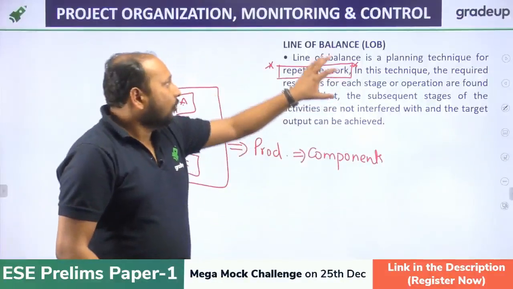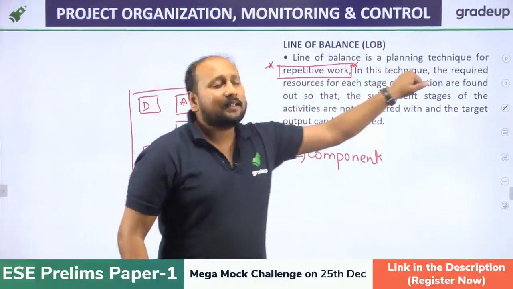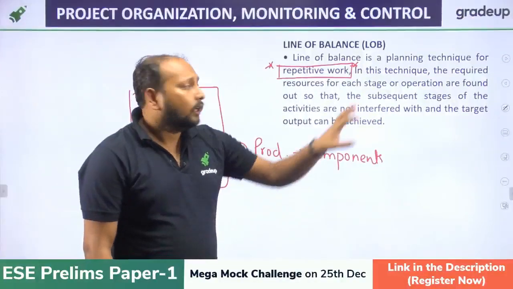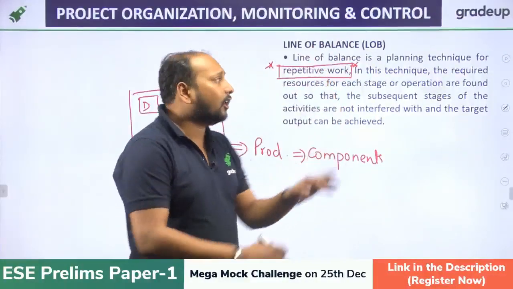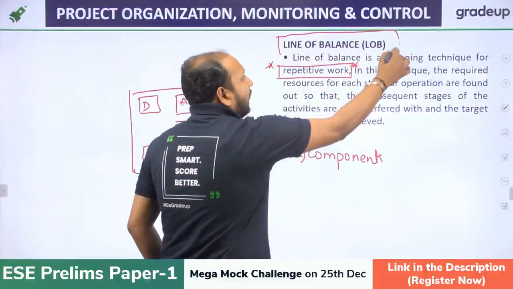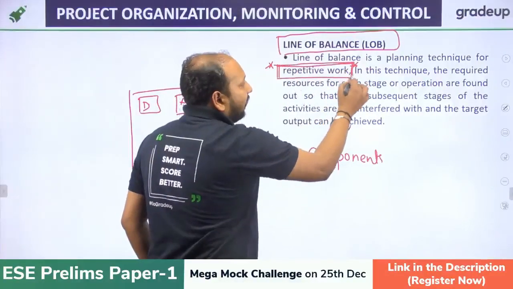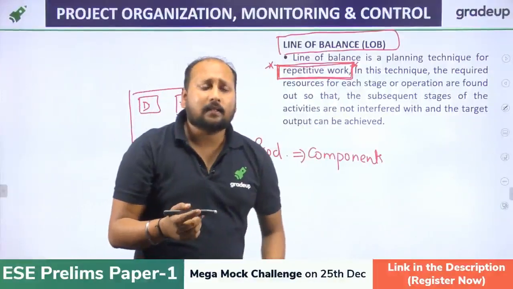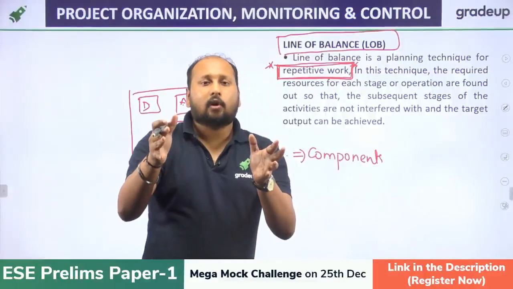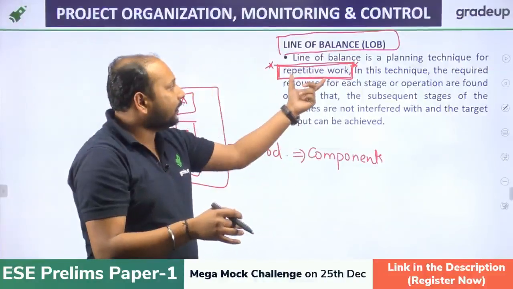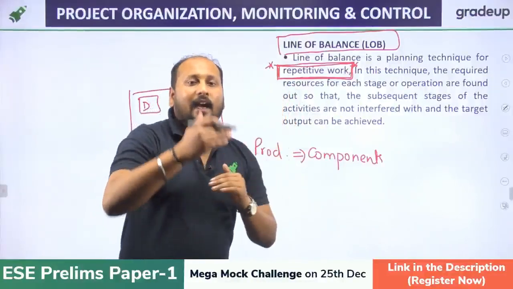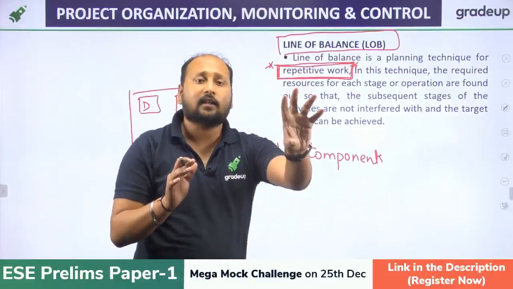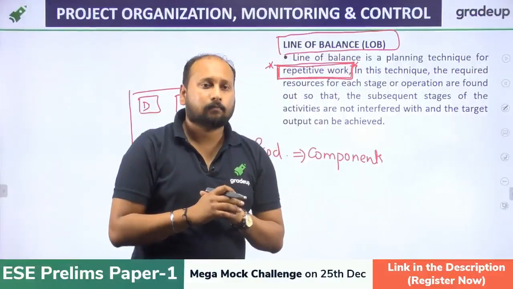Clear? So line of balance is basically a planning technique for repetitive work. Whenever you are talking about LOB, line of balance, remember repetitive work. In repetitive work, we can initially procure some of the resources required for it, so that in the meantime the rest of the resources can be procured and the effectiveness of the project will be increased.